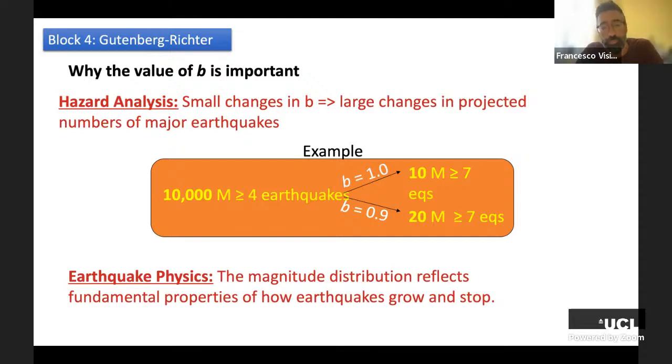This is just an example. If we have 10,000 earthquakes with magnitude greater than 4, with an error on the b-value of 0.1, I mean, if the b-value estimated is 1, I expect 10 earthquakes with magnitude greater or equal than 7. But if I estimated a b-value of 0.9, I expect 20 earthquakes with magnitude greater or equal than 7.